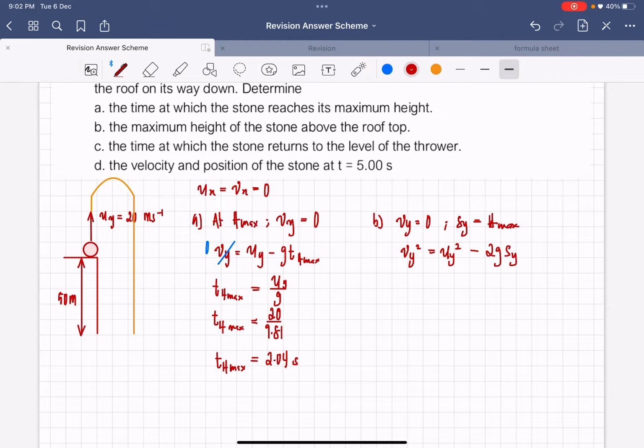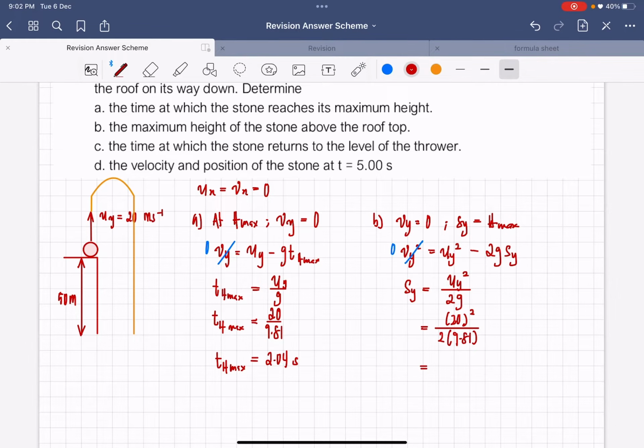Alright, so now Sy is equal to, again this one equal to 0, so Sy is equal to Uy squared over 2g. So this is 2 times 9.81, and then this is 20 squared.